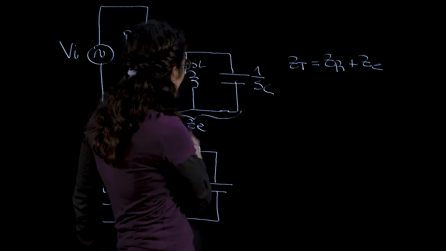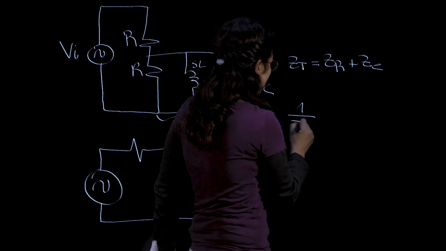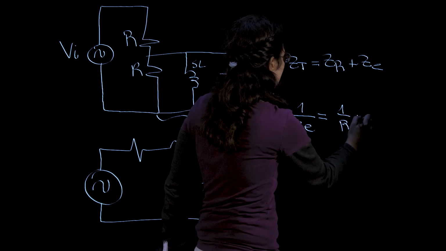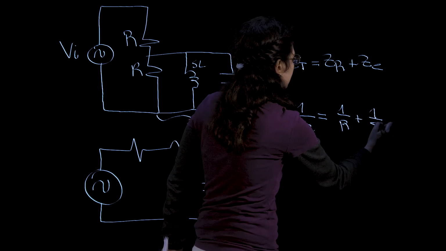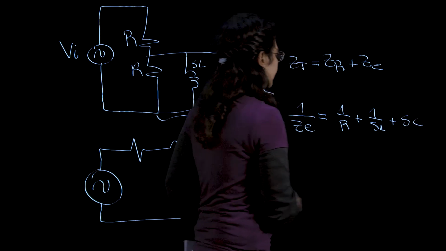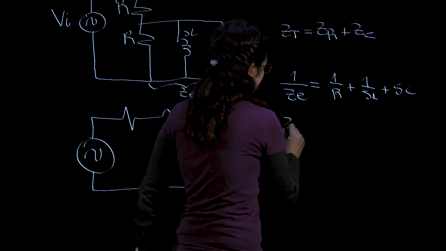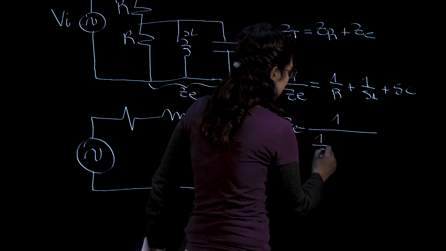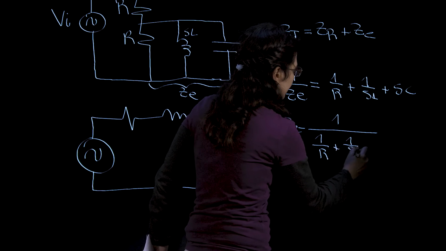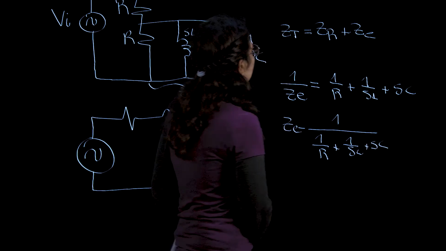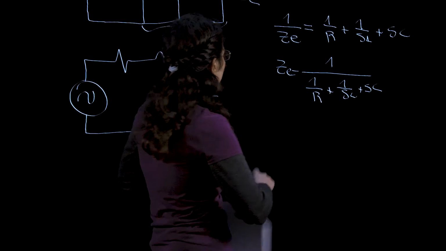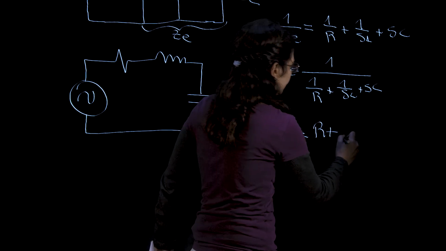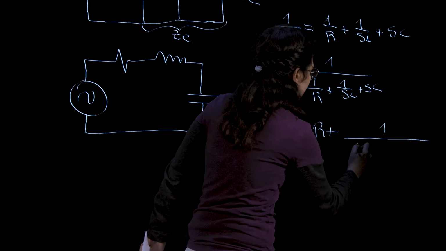And I can calculate the parallel with this equation. 1 over ZE is equal to 1 over R plus 1 over SL plus SC. So that ZE is equal to 1 over R plus 1 over SL plus SC. And my total impedance becomes R plus this quotient here.